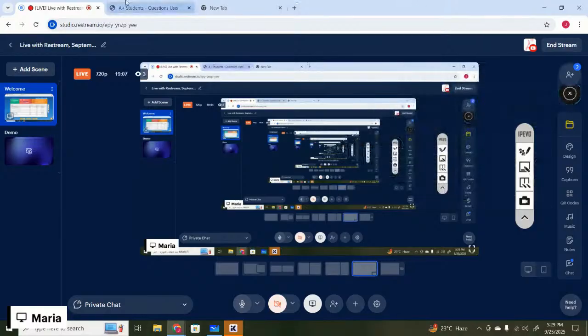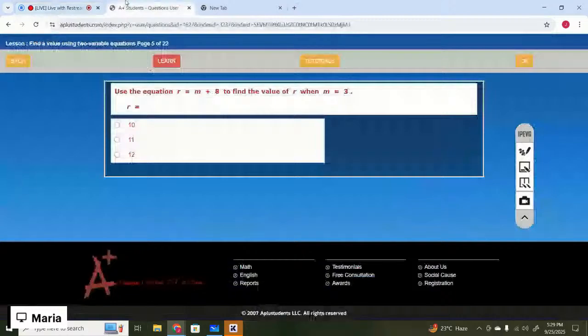Okay, so use the equation r equals m plus 8 to find the value of r when m equals 3. So r equals, replace the variable m with a value. So m is 3.